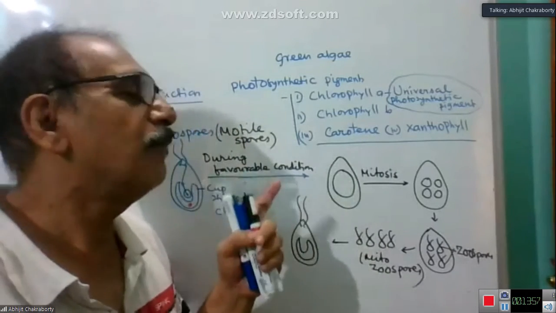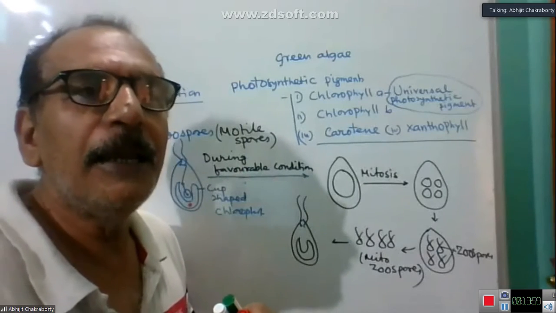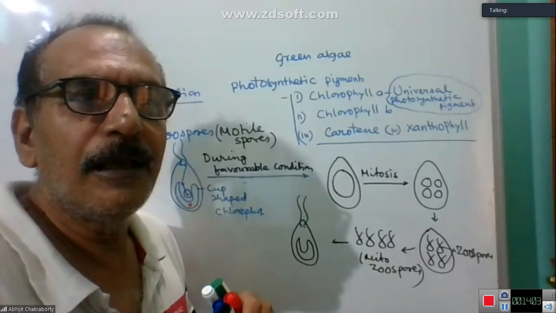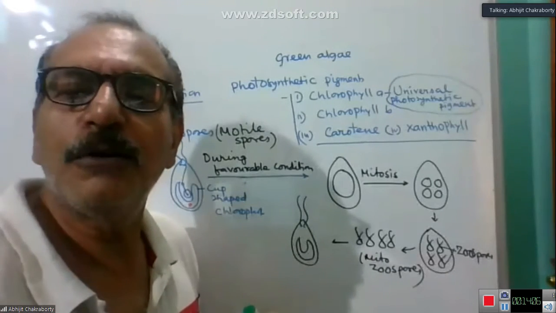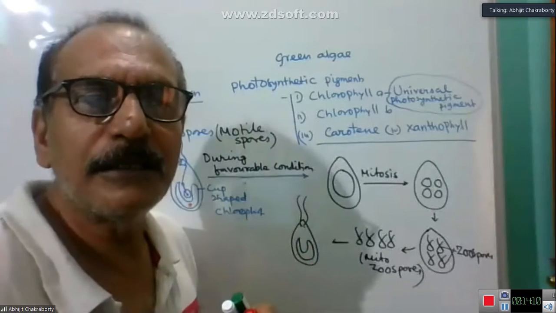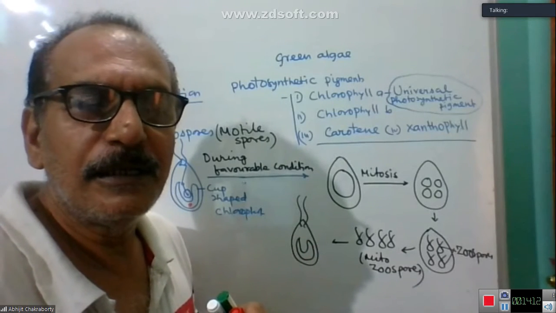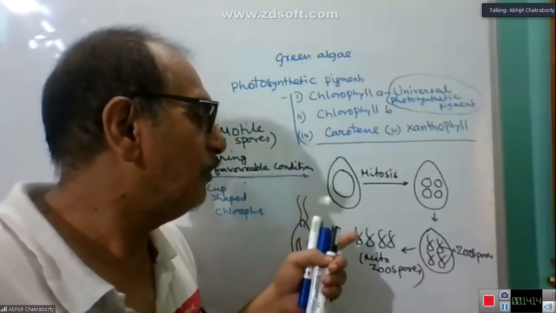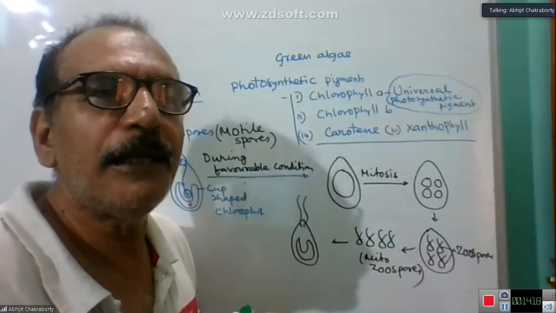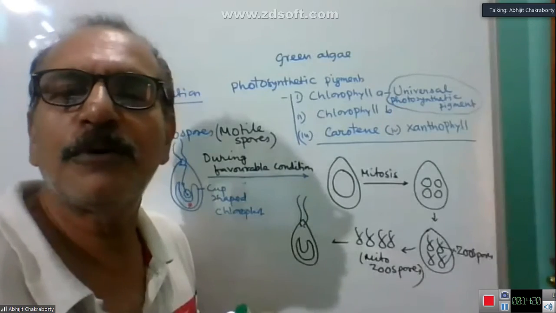These spores are only produced during favorable condition. They are called mitozoospores here because these zoospores are produced by means of mitotic division of the protoplast.